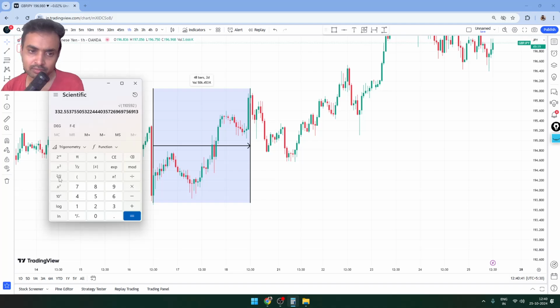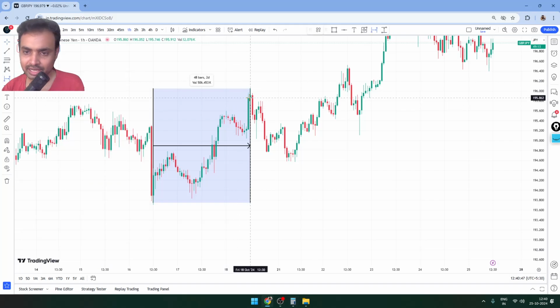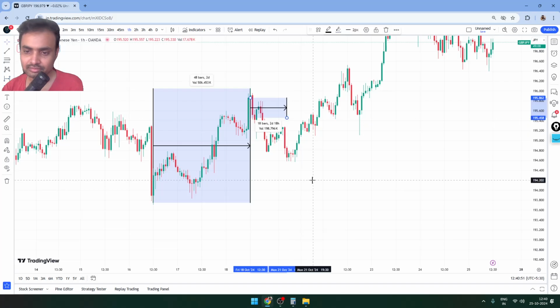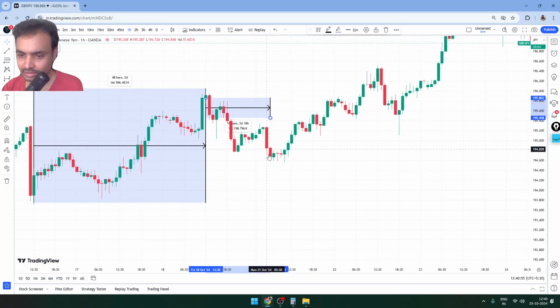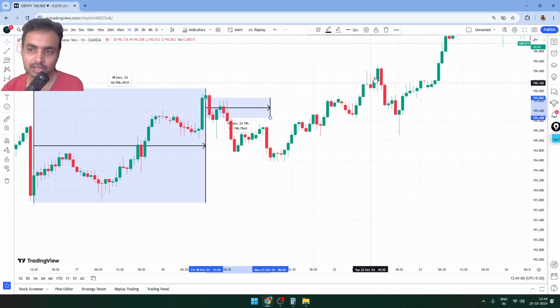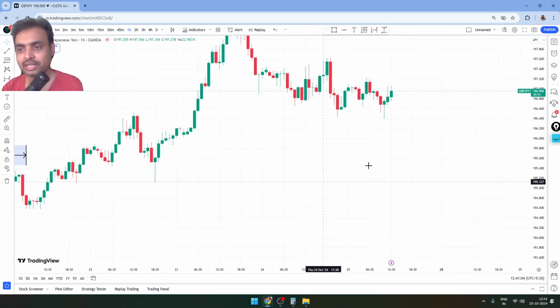One more square root of 332, I'm getting 18.23. So from here 18 candles. That is the 17th candle, that is the 18th candle. So 18.2, the 18th candle is here. Afterwards what happened? The market reversed.